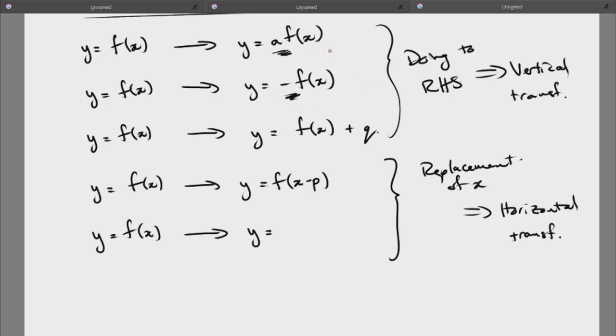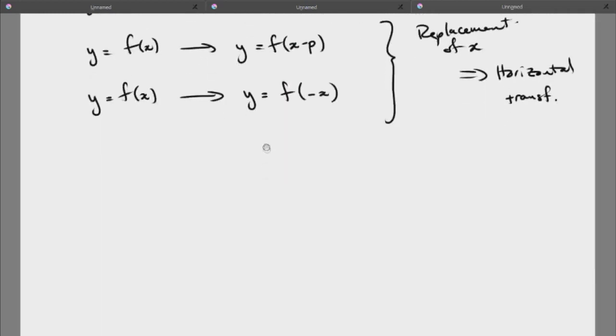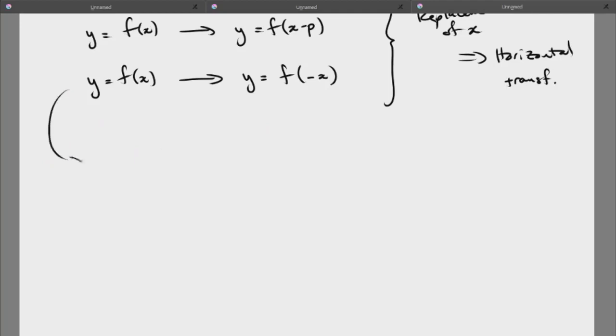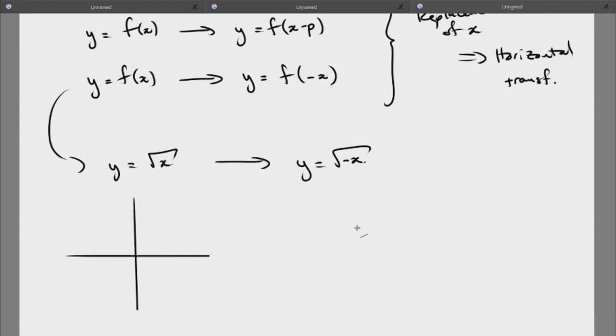I separate those two because graphically the effect on the graph isn't the same. Here as well, if I replace x with a negative x, the effect on the graph isn't something I've covered before. If I just isolate that, for example, and take square root of x to square root of negative x, what happens to the graph? I know it's not our actual question we're doing, but we need it.